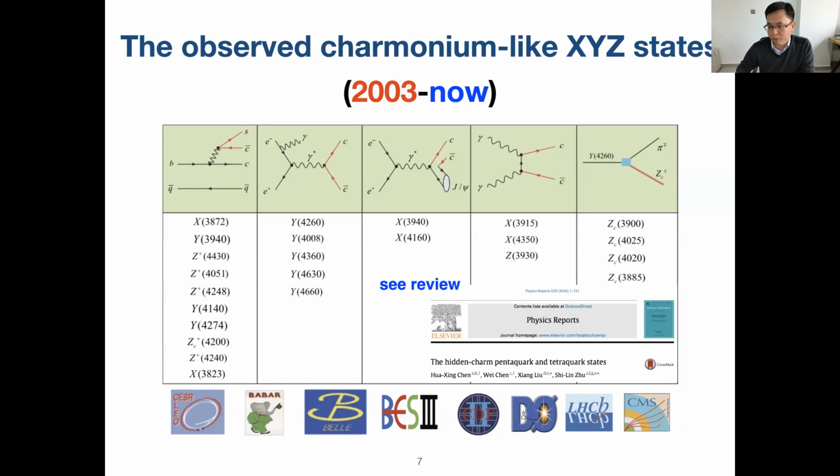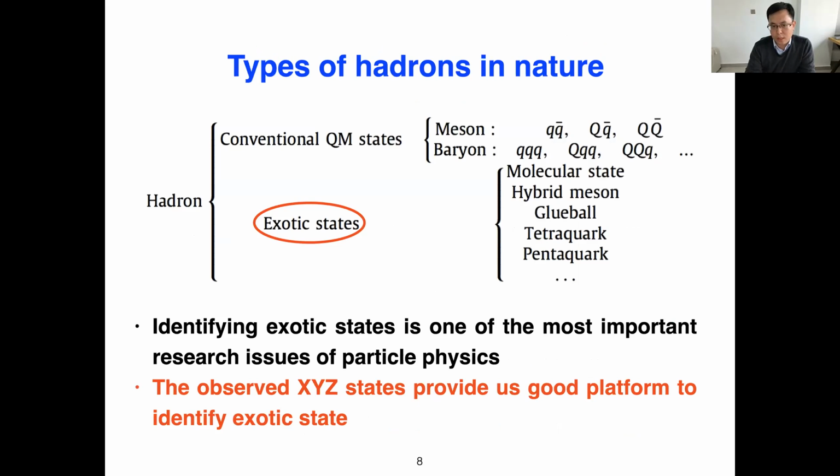These states come from the hadronic decays of the Y(4260). If you have an interest, you can find some reviews for this field. I want to emphasize that this situation is useful for us to identify the exotic states. I think it is a very important issue in hadron physics.